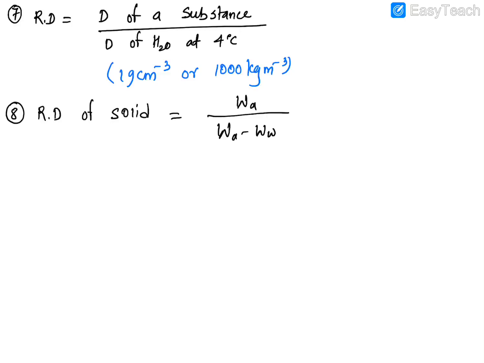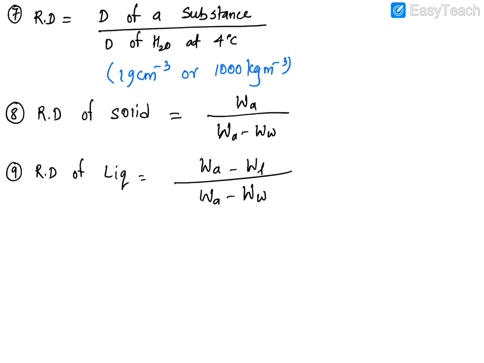Then the 9th one is the RD of liquid. It is weight of a body in air minus weight of a body in liquid, upon weight in air minus weight in water. Remember, formula number 7 can be used for anything, either solid or liquid.